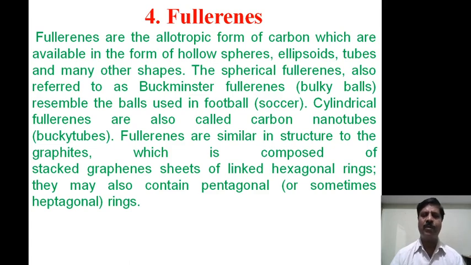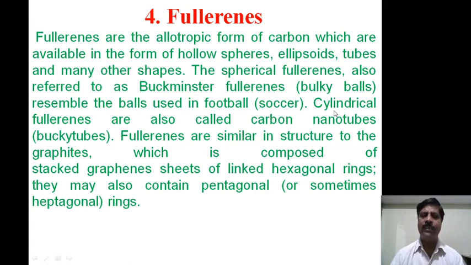Fullerenes are the allotropic forms of carbon which are available in the form of hollow spheres, ellipsoids, tubes and many other shapes. The spherical fullerenes, also referred to as Buckminster fullerenes, are bucky balls, resembling the balls used in football or soccer.